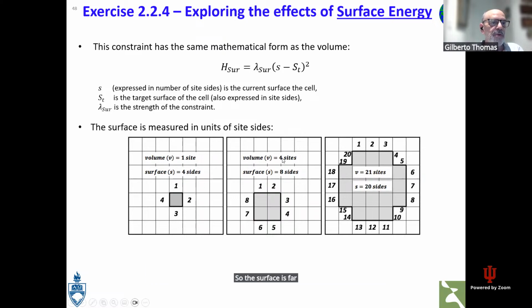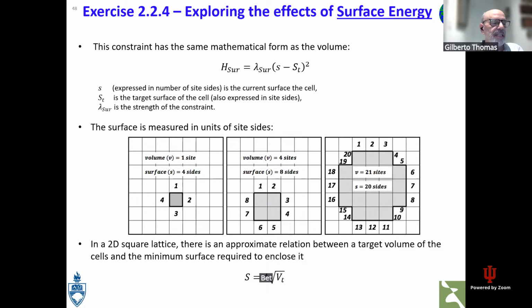For a volume of 4 pixels, we have 8 sides and so on. So we can write an approximate relationship between volume and surface in a 2D square. The surface is approximately 4 times the square root of the target volume. Okay? So let's use this expression in the simulation.